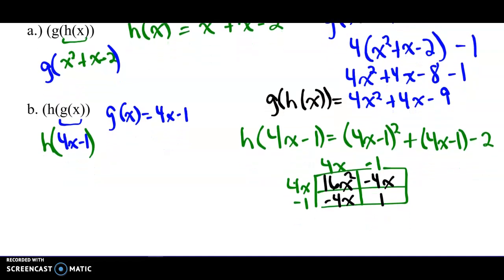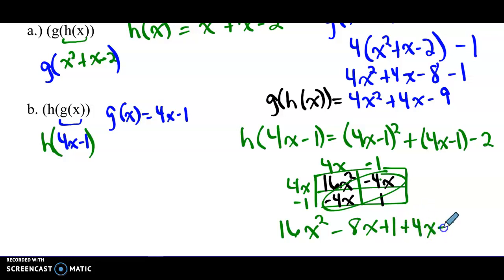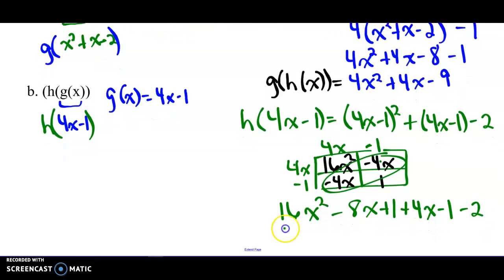So we rewrite this as 16x squared. Remember, we have the negative 4x, and negative 4x is negative 8x, plus 1. Bring down, that was the first part, bring down the plus 4x minus 1 minus 2. Combine like terms, 16x squared stays out in front.